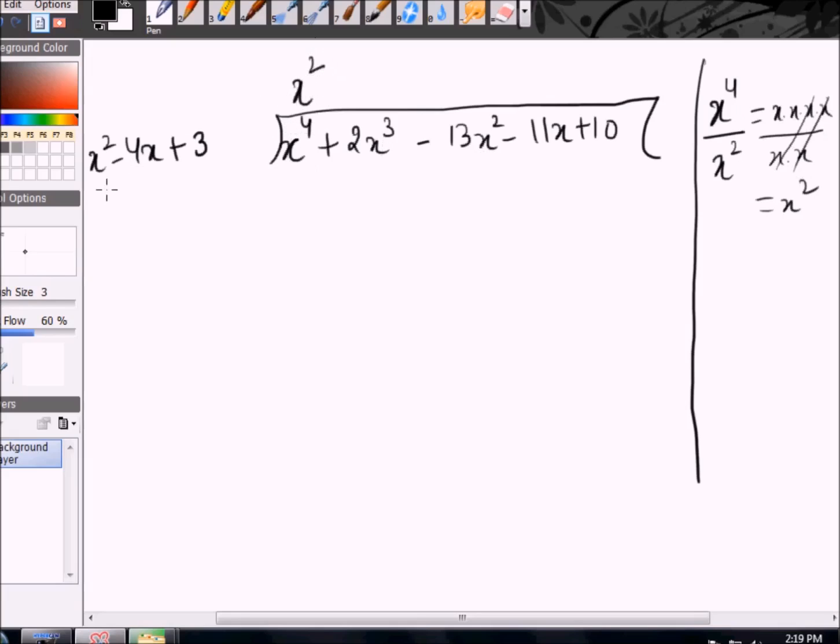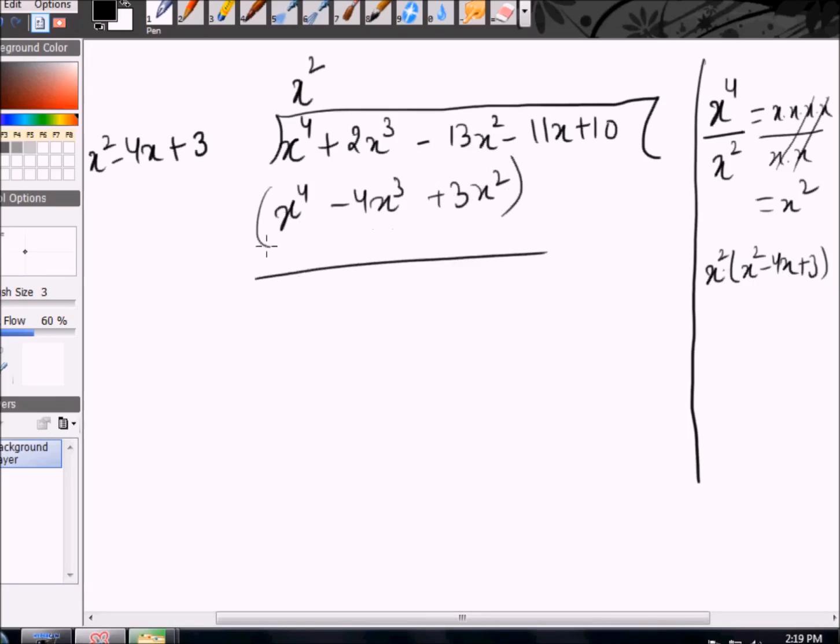Multiply x square by this whole divisor, we get x square into x square minus 4x plus 3, which gives us x^4 minus 4x cube plus 3x square.